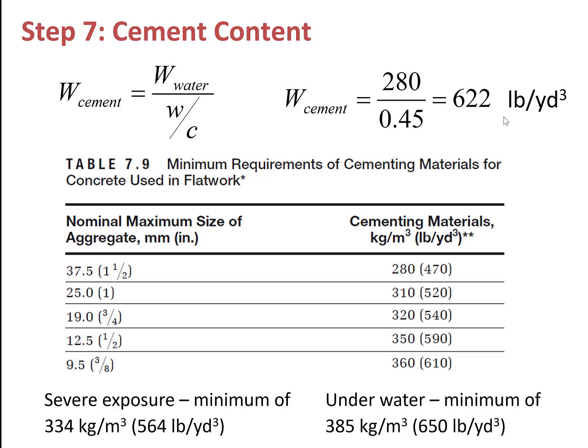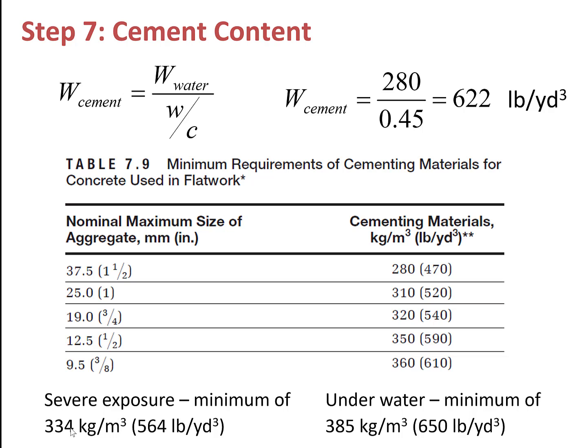If the concrete is exposed to severe exposure, for example, severe freezing and thawing, de-icers, and sulfate exposures, then the cement content should be no less than 334 kilogram per cubic meter.